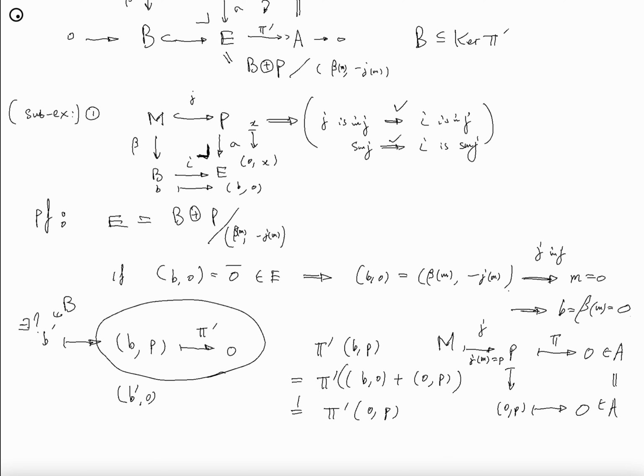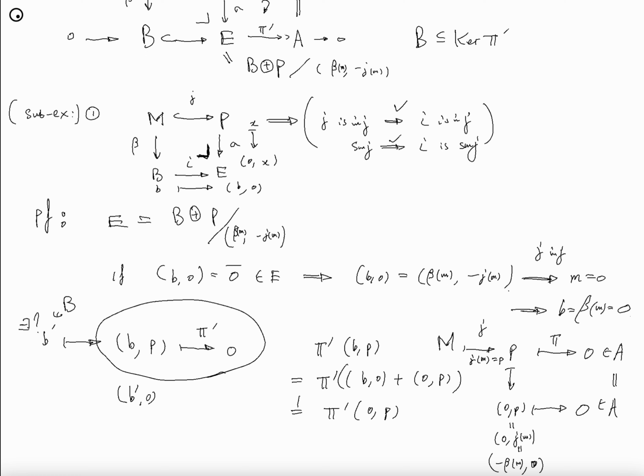Once this is J of M equals P, this implies (0, J of M), but then J of M is the same as minus I of some B prime. Sorry, it's the same as minus beta of M, 0.